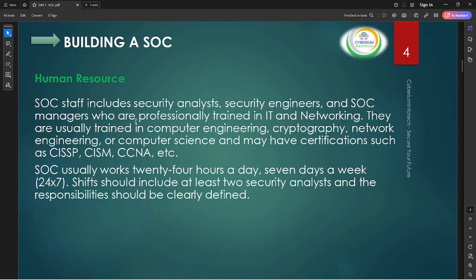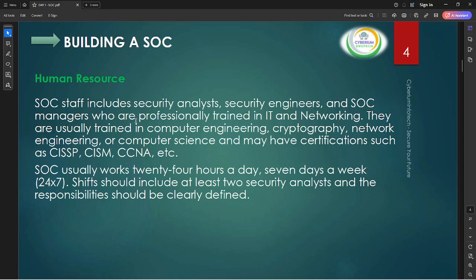Next is human resources. If you are building your SOC, if you want to establish your SOC company, what are the important things you have to look at first? You have to look for SOC human resources. SOC staff include security analysts, security engineers, and SOC managers who are professionally trained in IT and networking. They are usually trained in computer engineering, cryptography, network engineering, or computer science, and may have certifications such as CISSP, CISM, CCNA, etc. SOC usually works 24 hours a day, 7 days a week.